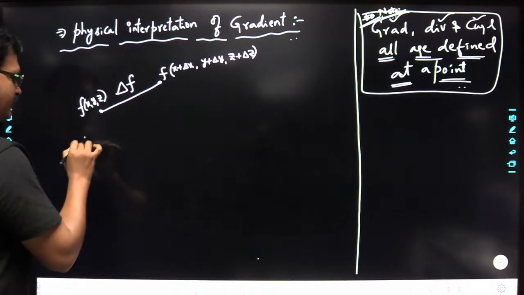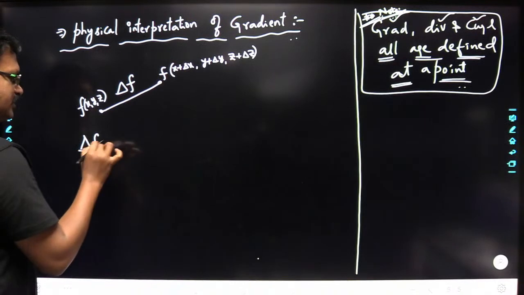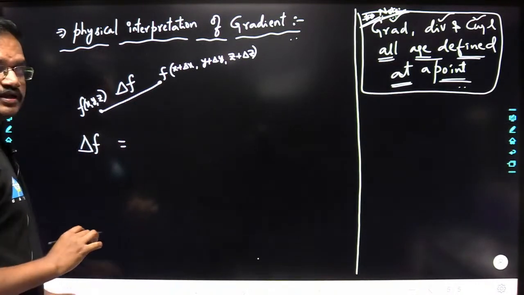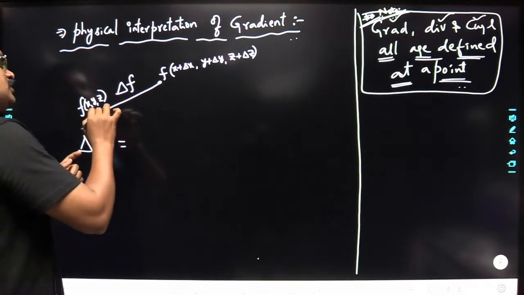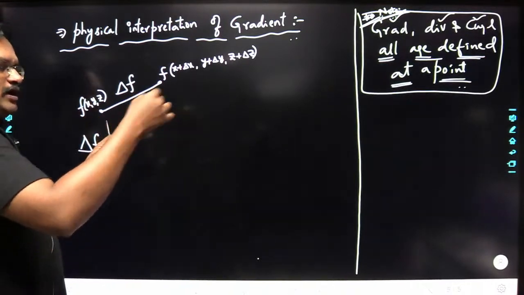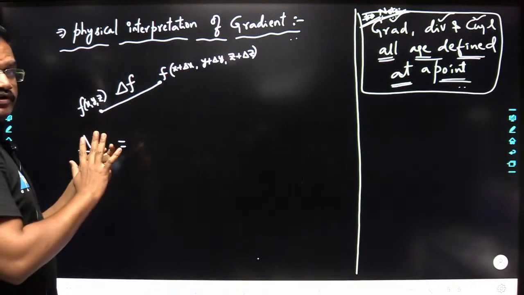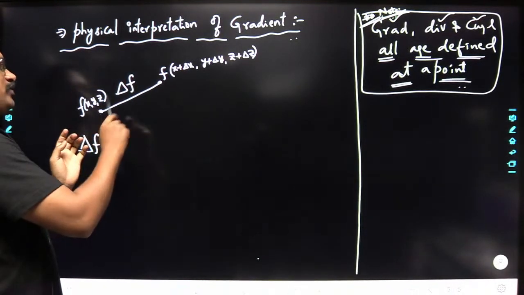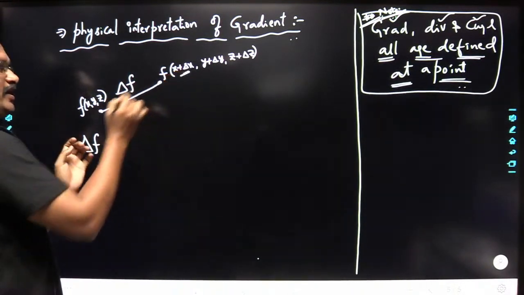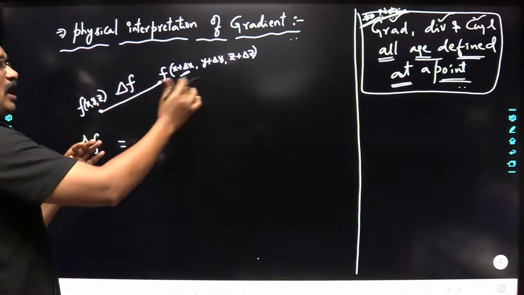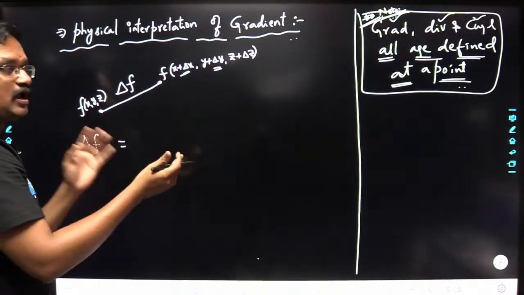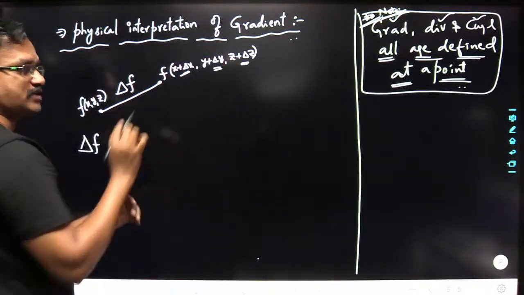Now see here. This delta f, how can I represent it? As I move from one point to another point, the change in function I am representing as delta f. So as I move from here to here, you are having change in x, yes or no? Change in x, and also change in y, and also change in z.